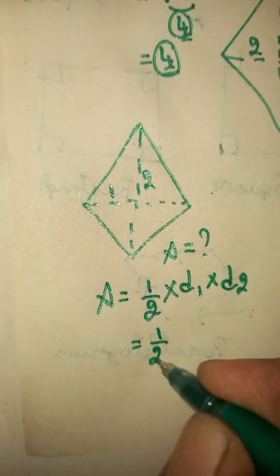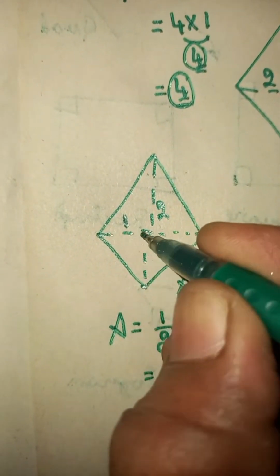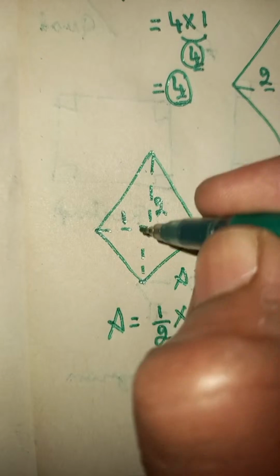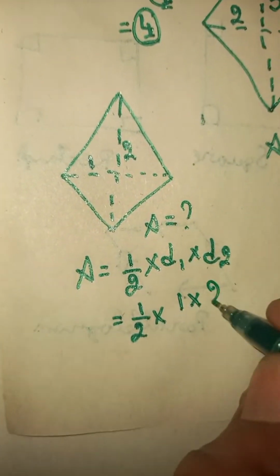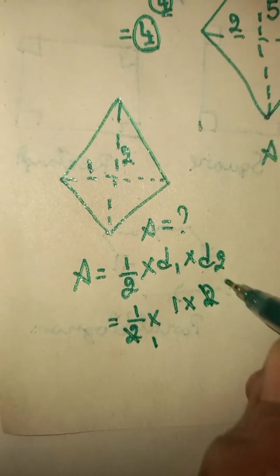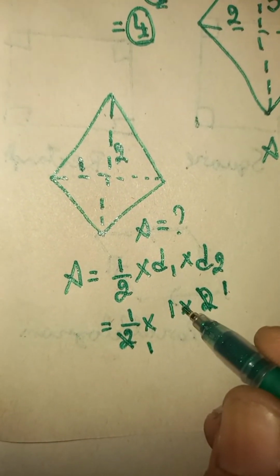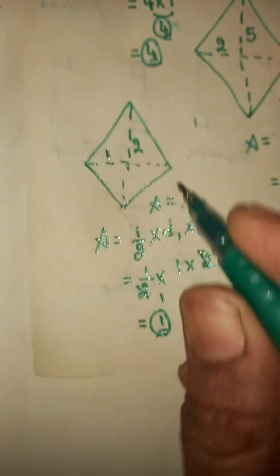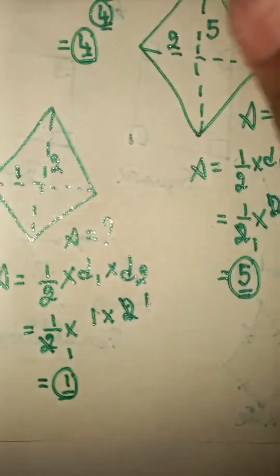That is half times diagonal 1, which is 1 unit, times diagonal 2, which they have given us as 2 units. You can divide denominator and numerator: 2 one times, 2 one times. 1 times 1 is 1. 1 square unit is the area of this kite.